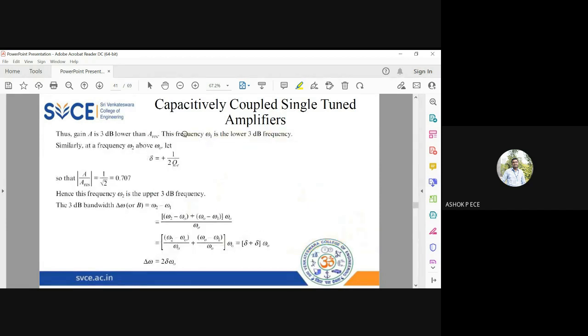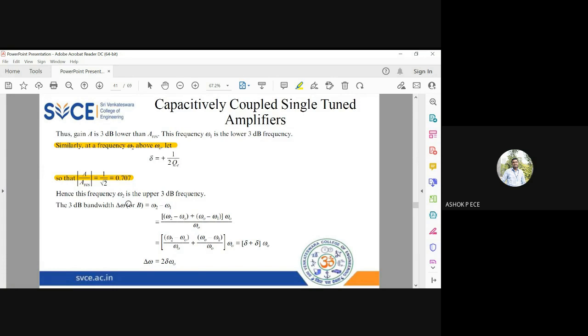Similarly, at the frequency omega 2 above the resonant frequency, delta is going to be 1 by 2 QE, and in the same way the ratio will be equal to 1 by root 2. So at the cutoff frequency, the gain will be 1 by root 2 times the maximum value. In terms of logarithm, it is 3 dB lesser than the maximum value.